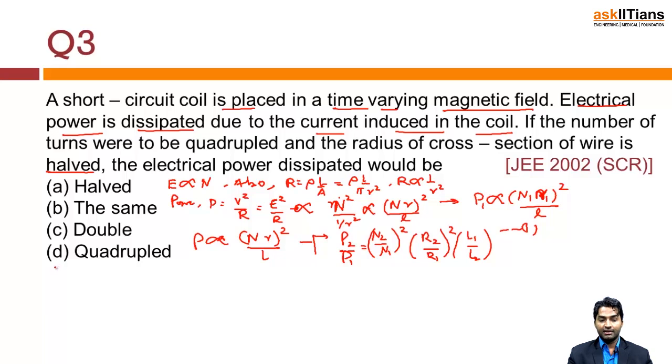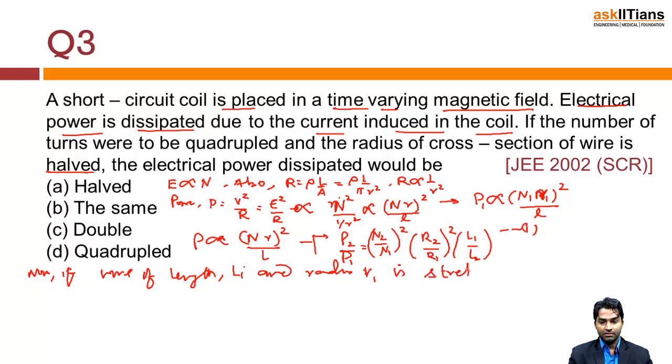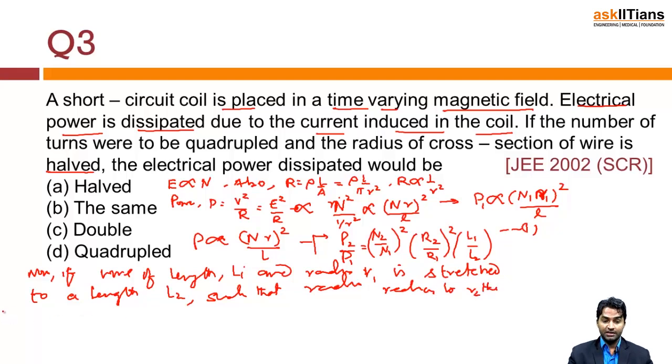If a wire of length L1 and radius R1 is stretched to a length L2 such that the radius reduces to R2, then because the mass remains constant, mass is equal to density into volume, that is density into pi R square into the length L, and density will remain the same.